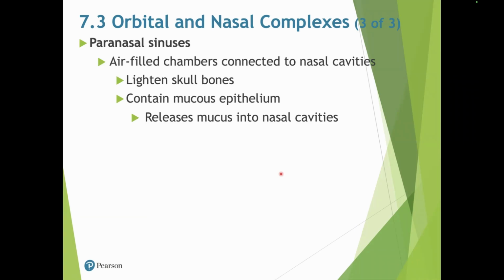So, the function of the paranasal sinuses: they're air-filled chambers. They connect to the nasal cavities. What they do is they help to lighten the skull bones. They're lined with mucous epithelium. We talked about mucosa being important to sterilize the air and to provide moisture, so it's going to release mucus into that nasal cavity.